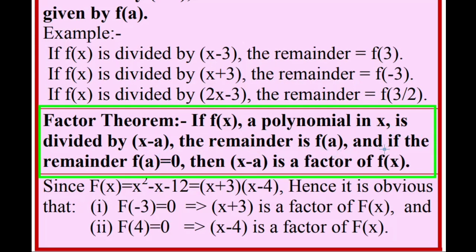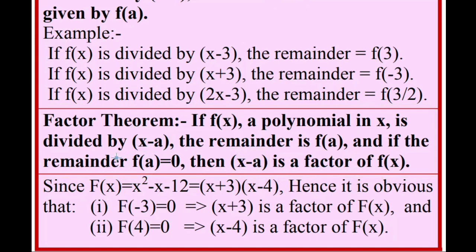And if f(a) is equal to 0, then x minus a is a factor of f(x). The meaning is clear: if any polynomial is divided by a given expression and the remainder obtained is 0, then the divisor automatically becomes a factor of f(x).